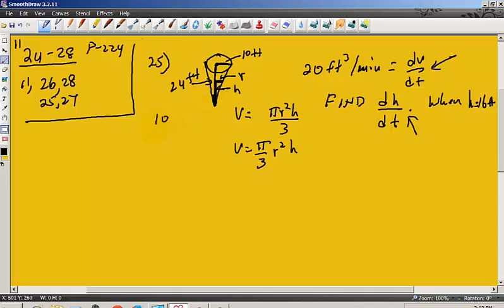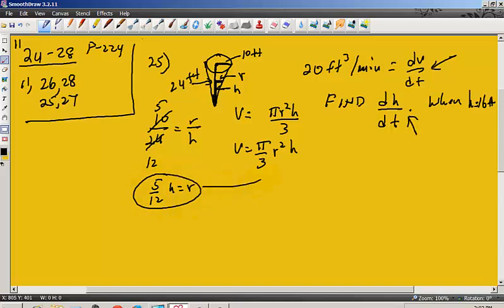So the radius is 10 to the height, which is 24. This is going to be the same thing for any random radius and height. So the proportionality is going to stay the same. Having said that, we can reduce this and solve for r by multiplying both sides by h. So this will turn into a 5, this will turn into a 12. So I'm going to get 5 over 12 h is my r.